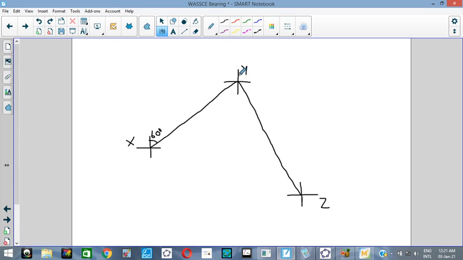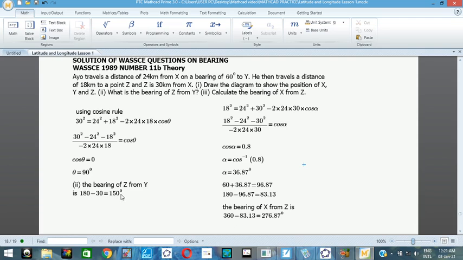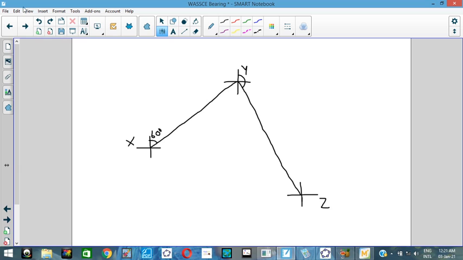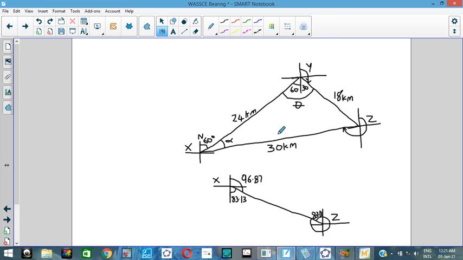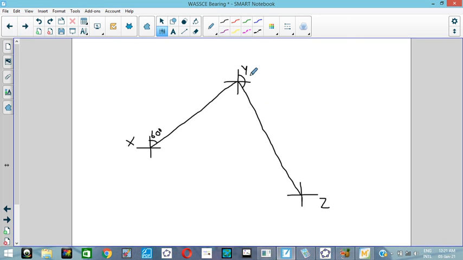It turns at an angle of, let me see my answer again, 150 degrees, which is this 150 degrees. Take note of that.